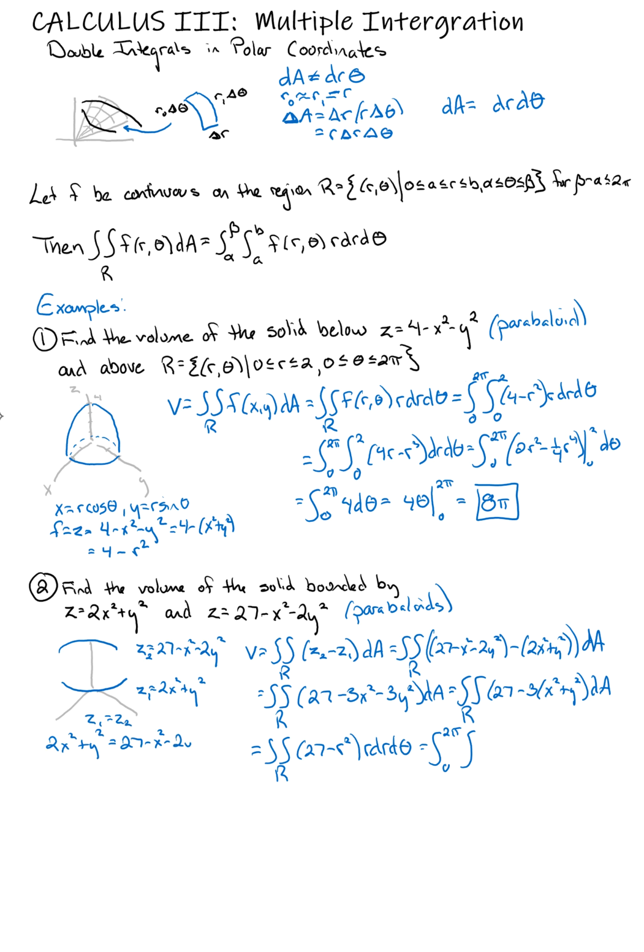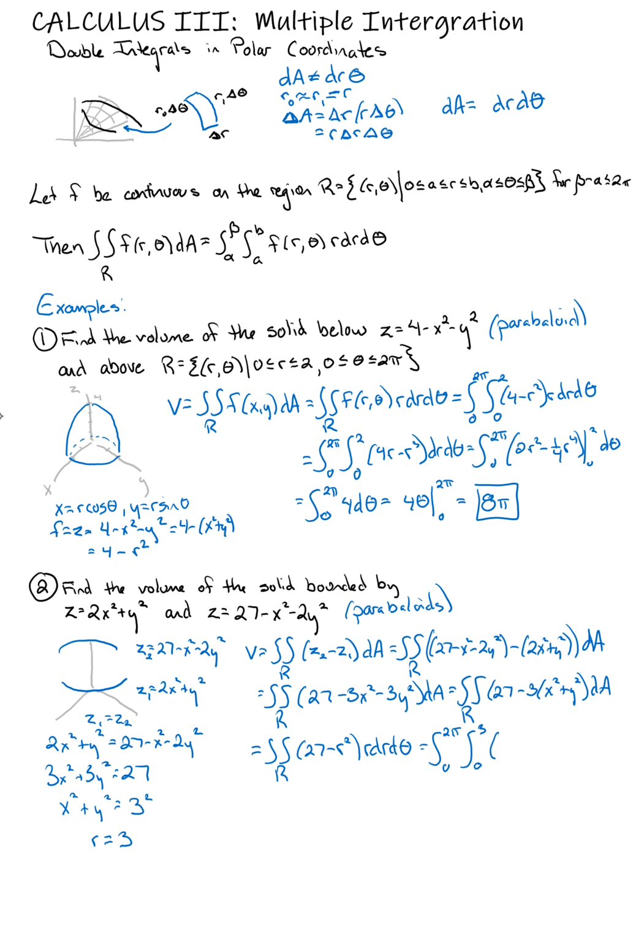So if we set those equal and solve, 3x squared plus 3y squared is equal to 27. Divide by 3. It gives us x squared plus y squared is equal to 9, which I can write as 3 squared. So the radius here is 3. So we're going to be integrating the r's from 0 to 3.